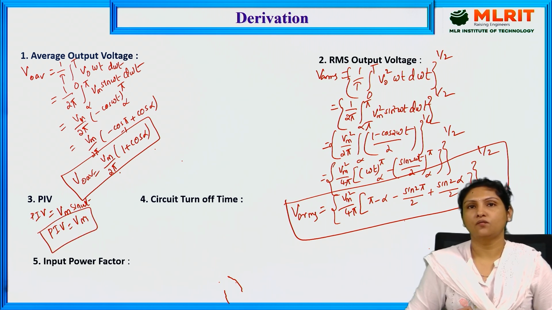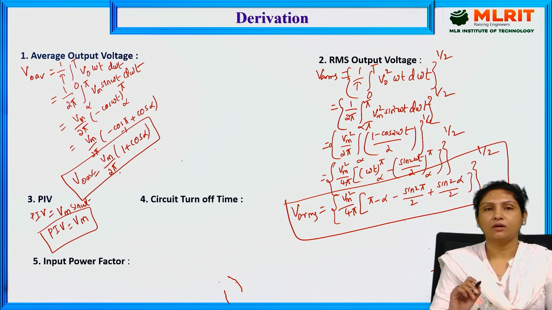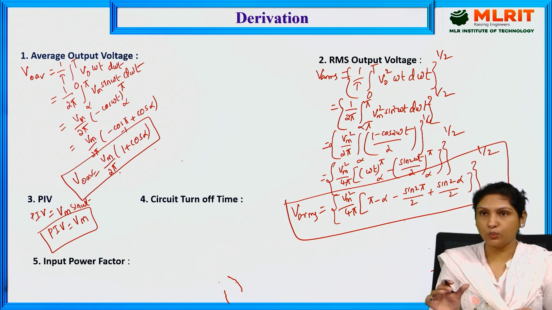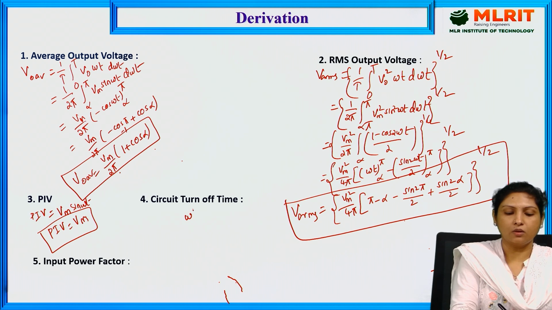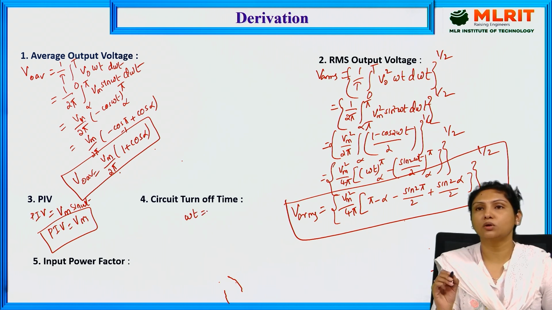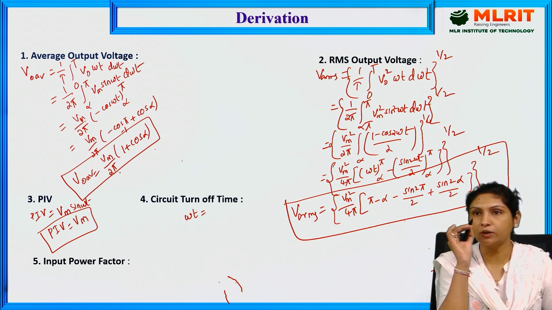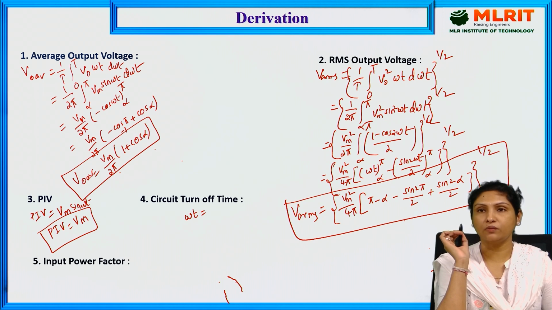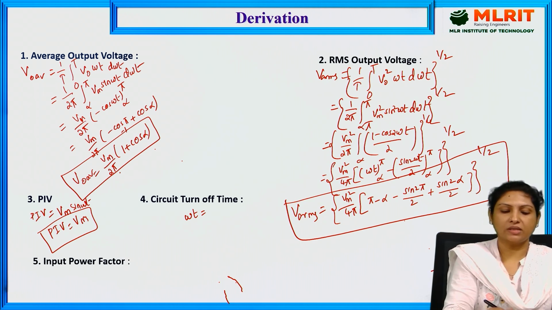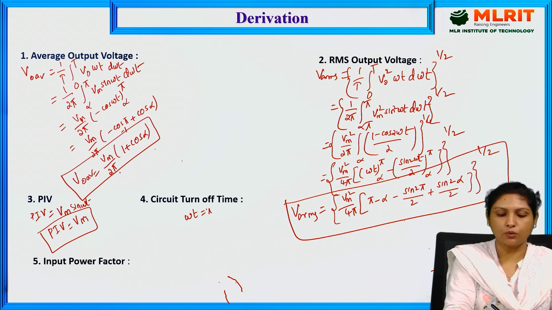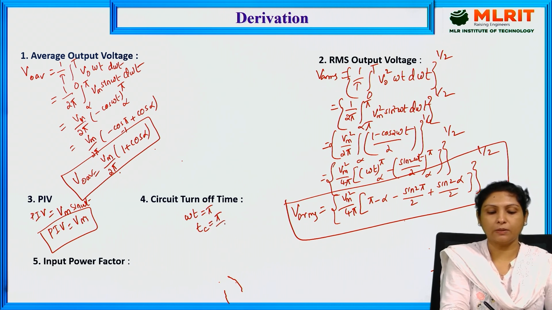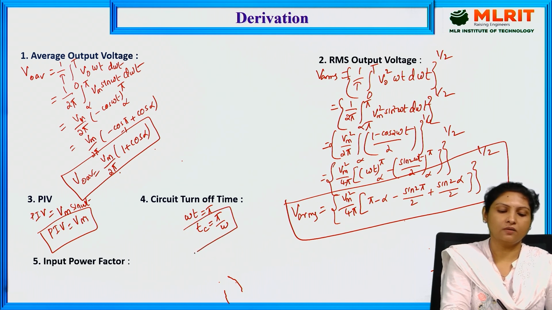This is the formula. Circuit turn off time, the duration for which the thyristor will be turned off: it will be turned off from the instant 2 pi to pi, so omega t is equal to pi. We get circuit turn off time Tc is equal to pi by omega. This is the formula for circuit turn off time.